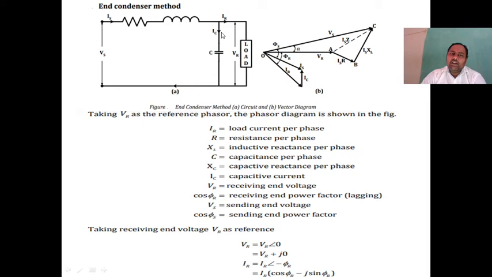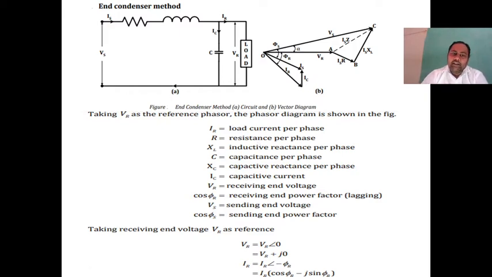How can you draw the end condenser method vector diagram? As in the previous cases, taking VR as the reference phasor, the phasor diagram is shown in the figure. IR is the load current per phase. R is the resistance per phase.